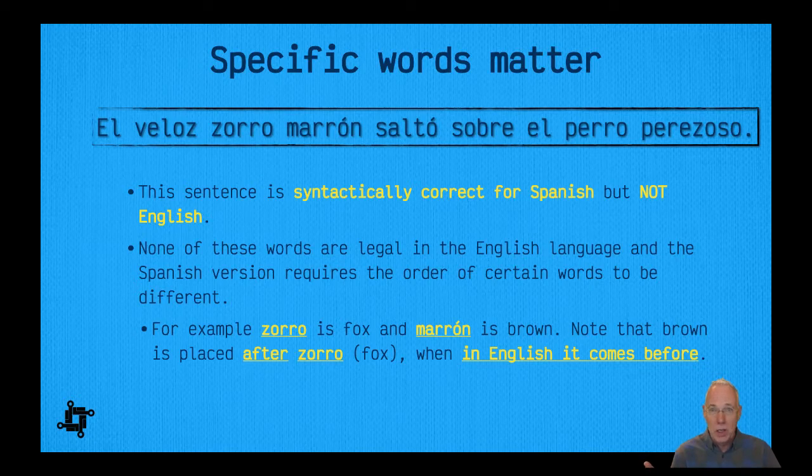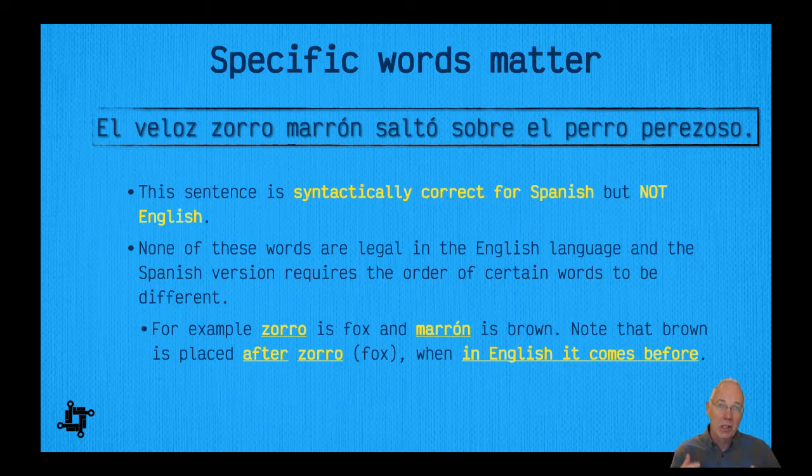So the words, because they're not legal in English, would mean that this is not proper English grammar. For example, Zorro is fox and Marion is brown, but we note that brown is placed after Zorro, or fox, when in English it comes before. So not only are the words different for Spanish, they're also ordered differently.